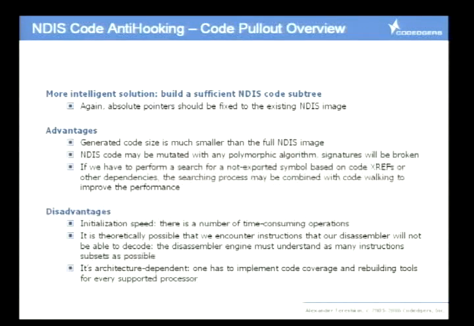But the main advantage of this solution is that the generated code size is much smaller than the full NDIS image. Let's say it's about 30 kilobytes of code for these four hooked functions, which I mentioned before. The four functions like NdisRegisterProtocol, NdisOpenAdapter, and two others.